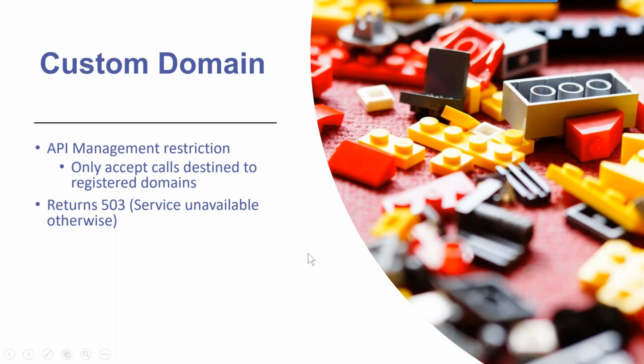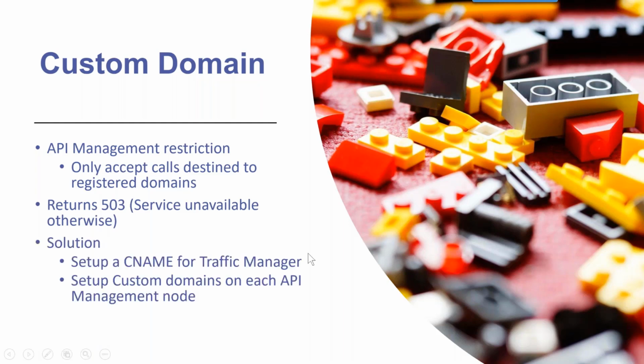So the solution to work with that is, first, the traffic manager needs to have a CNAME set up on your DNS, right? So to create a custom domain, like on my one, the api.node2self.tag.